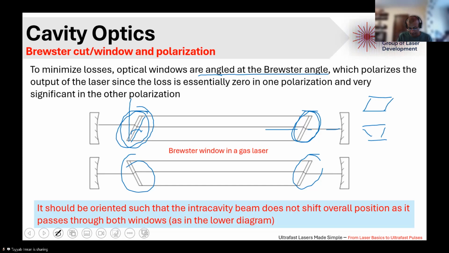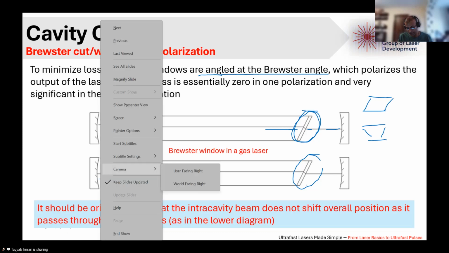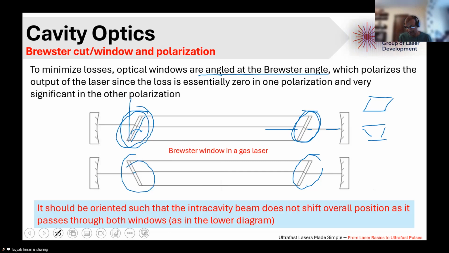And if you have this arrangement, when the beam passes through, it will not misalign. It will follow the exact path. So even if we need a Brewster angle, we also need to think about the configuration. This configuration misaligns the system. This configuration keeps the system aligned.